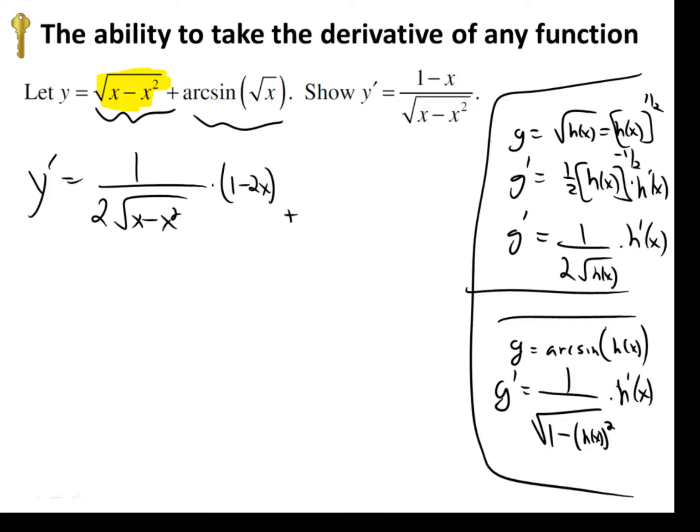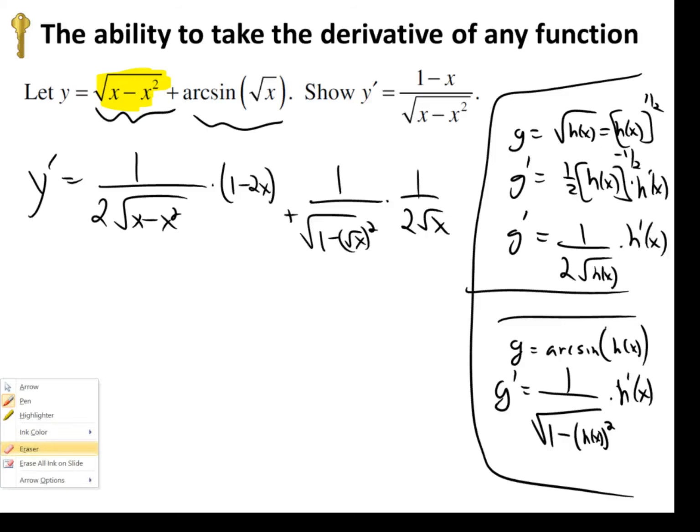Okay? So we are going to have then 1 over the square root of 1 minus root x that gets squared, and then we multiply by root x's derivative, which we've seen pretty much is 1 over 2 root x. Okay. I am not trying to scare you, I'm just trying to let you know what last semester students had to do.